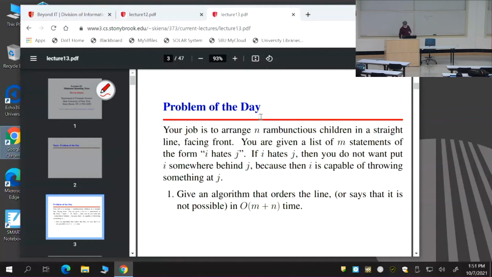How can I order the kids? So if I'm given information about I hates J, how can I order the list so that, if I hates J, I want J behind me. Okay, I. Any idea? What kind of problem is this? Yeah? It's clearly a topological sort thing. How do we get into trouble in our school?